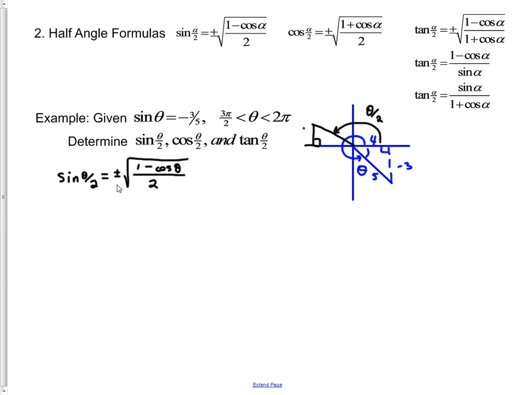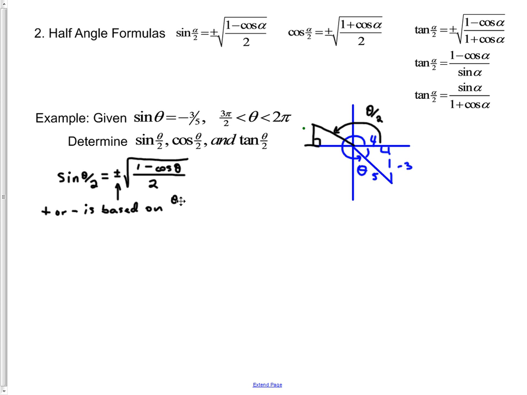So here's a question. Where does this plus or minus come from? And I'll point out that the plus or minus is based on the location of the angle alpha over 2, or theta over 2.